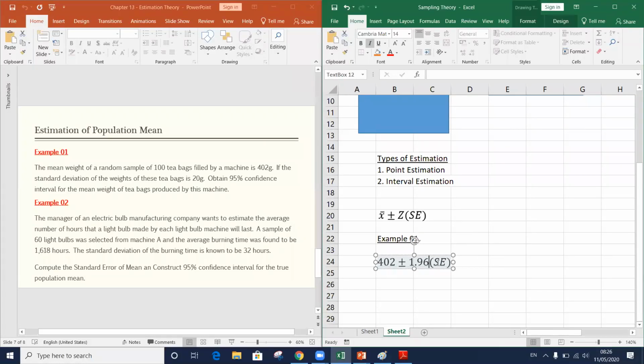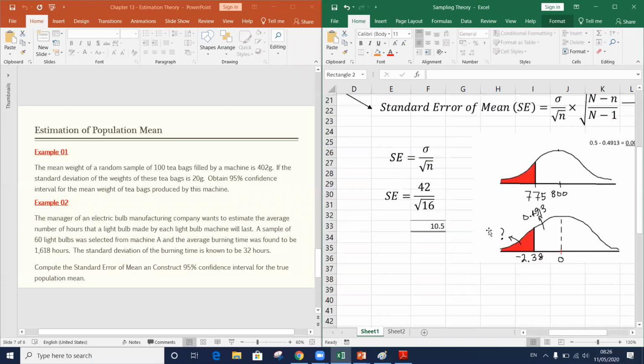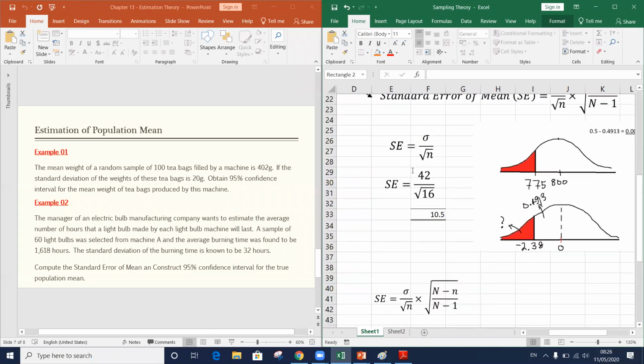Standard error of mean we need to find. Standard error of mean formulas දෙකක් තියෙනවා. Which one we will use? First one or the second one? මෙතන අපිට population size එකක් ගැන කියන්නේ නැහැ.